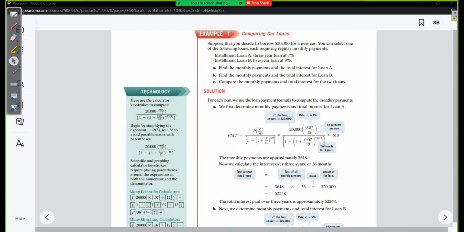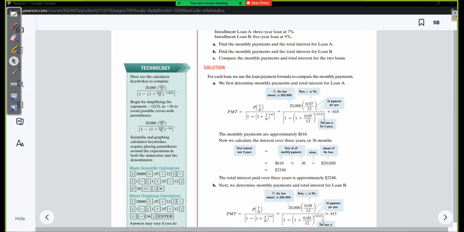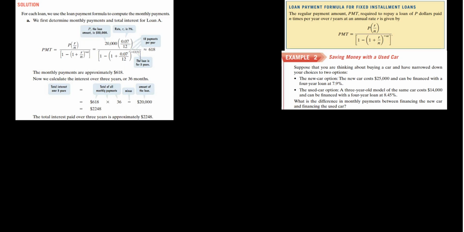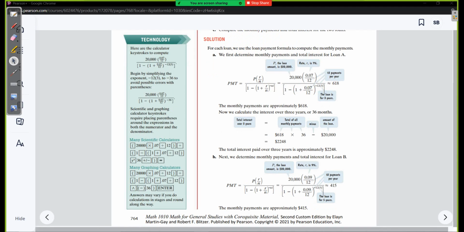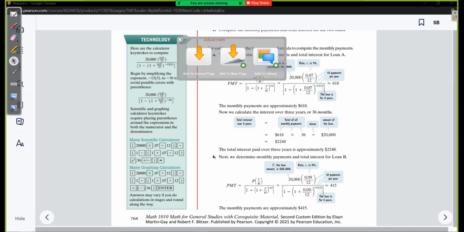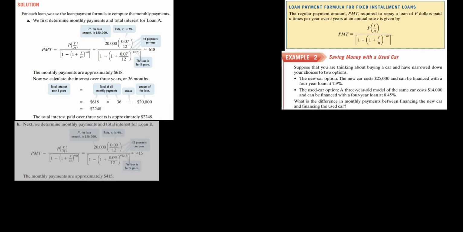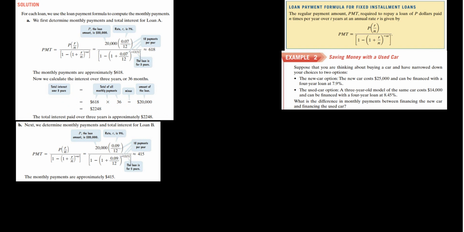So again, let's go ahead and do the handy dandy snipping here. Right. So again, just plug and chug, plug in the values, and we're going to figure out how much we pay each month, and what the problem's wanting.